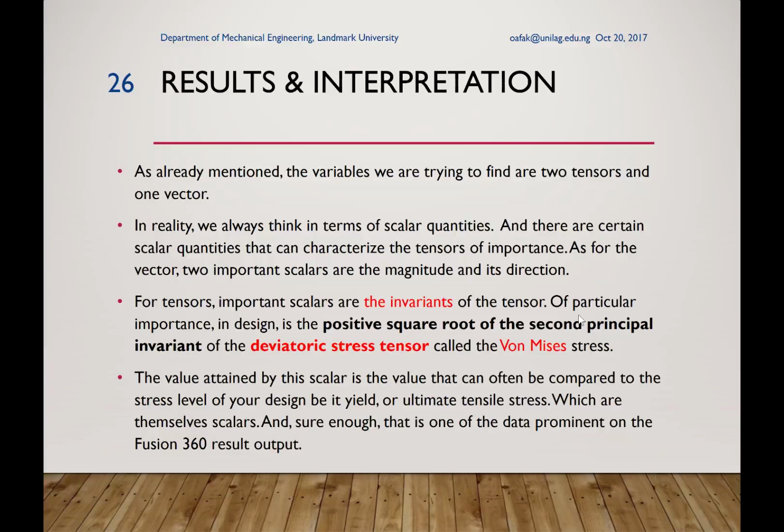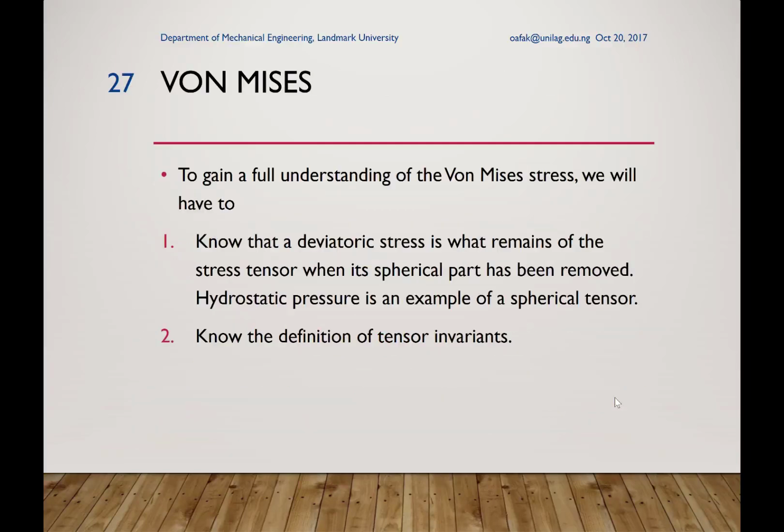If you want a full characterization of the stress tensor, you will need to know at least three principal invariants. There are several ways of measuring this, but for our use now, we just know that we will be coming across the von Mises stress, and it is just one of the invariants that we might be interested in.